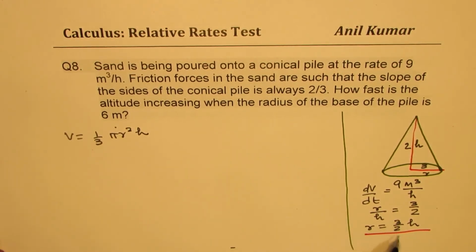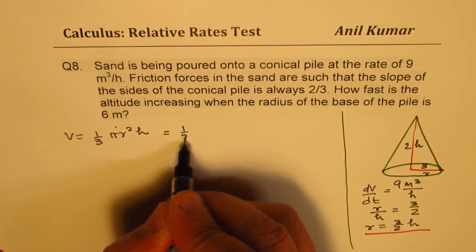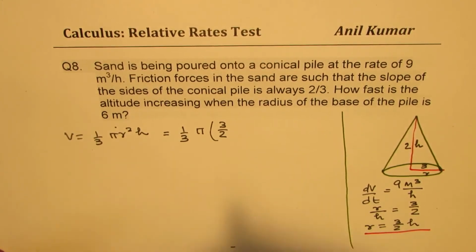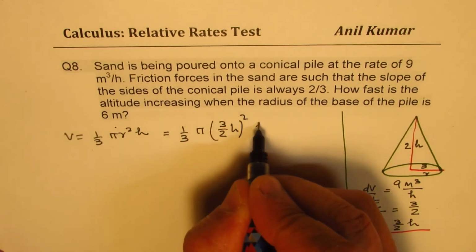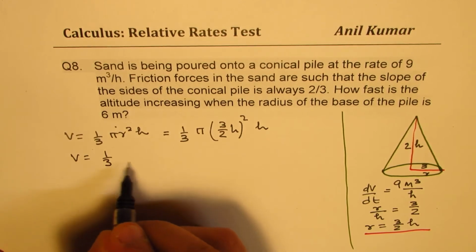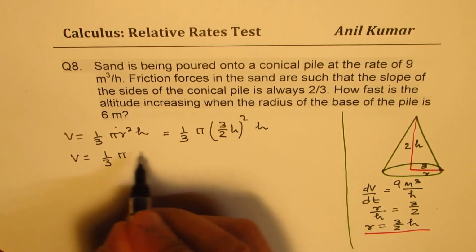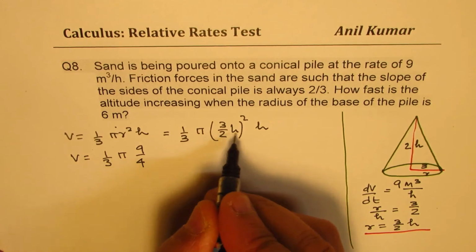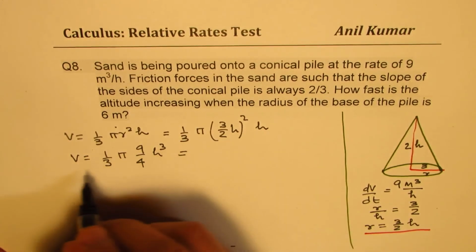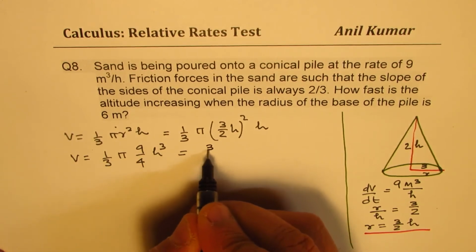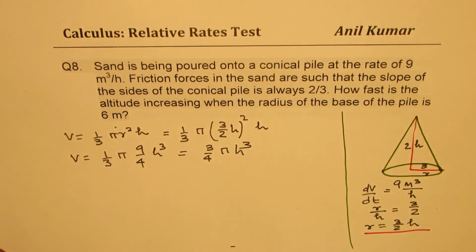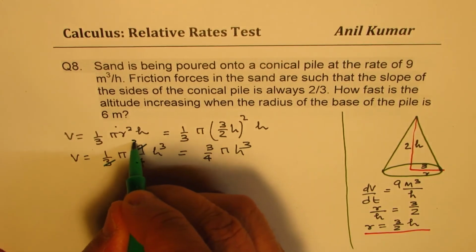Since we know that radius is 3/2 h, we'll replace this with pi (3/2 h) whole square times h. So we get volume as a function of height, 1/3 pi 9/4 h cube, or cancelling we get 3/4 pi h cube, correct? So we can simplify this a bit.